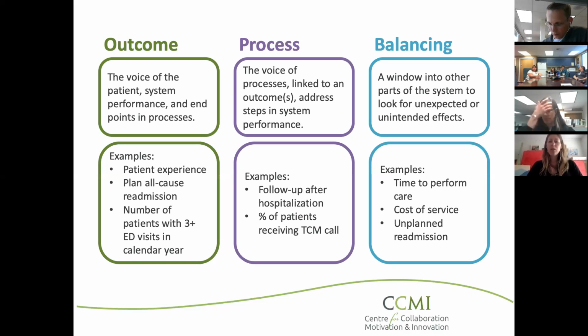So an example of this that's usually pretty easy to understand is that if you're seeking to reduce hospital length of stay, so if that's your outcome measure and your aim, then you might also want to take a look at readmission rates to see if those are also going up, because that could be an unintended consequence of reducing length of stay.